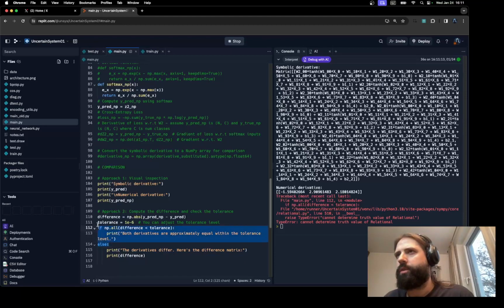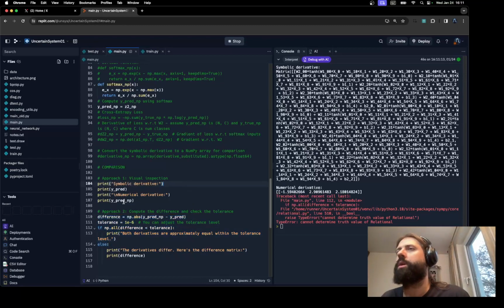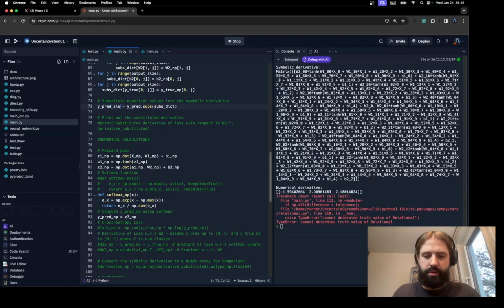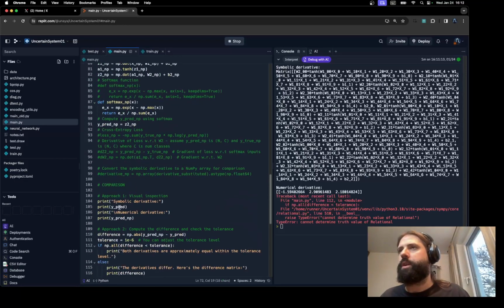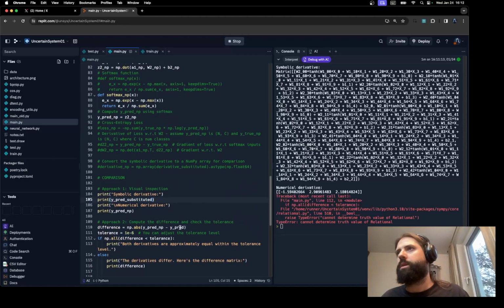You know what, nothing's got substituted, first of all. So this would be substituted. That's what we want to print. That's the first thing I'm doing wrong. Substituted. That's why it's not working.